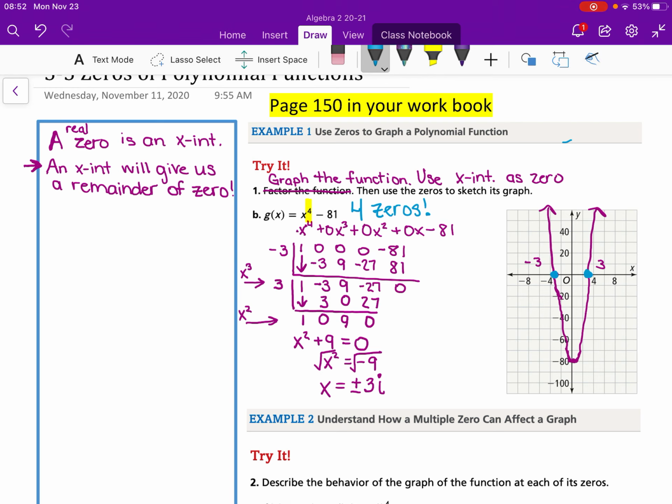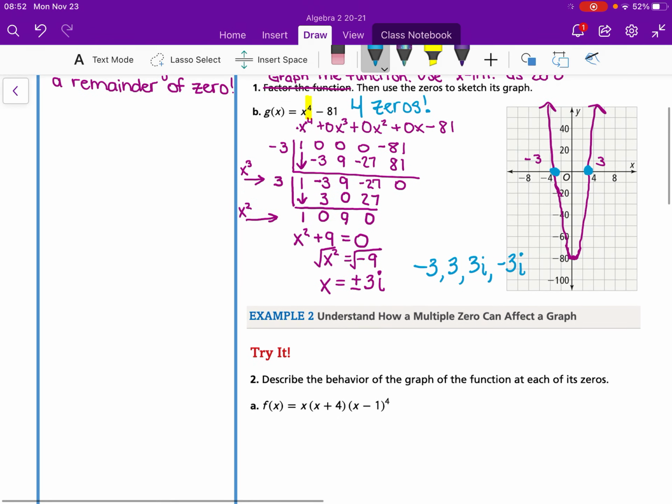That's because there's 2 real zeros. So all the zeros are negative 3, 3, positive 3i, and negative 3i. So all 4 because it was x to the 4th. Okay? And I knew that 2 of them were going to be imaginary because if 2 were real, meaning they were on the x-axis, 2 plus 2 is 4.